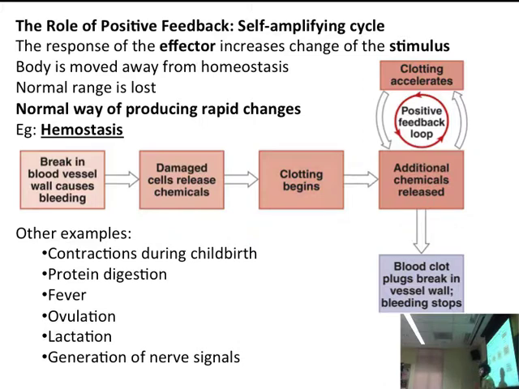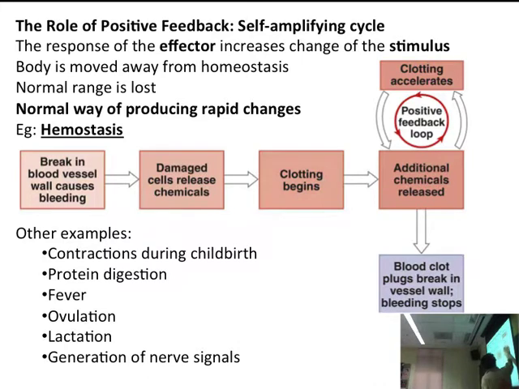So blood clotting. You get a cut. You bleed. These damaged cells release various chemicals, and that starts this clotting cascade, which is an incredibly complicated set of factors that allow the blood to clot.